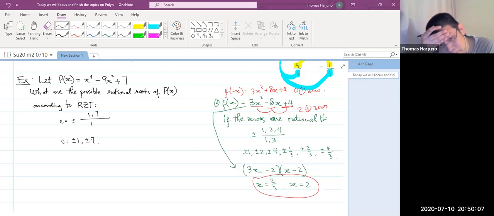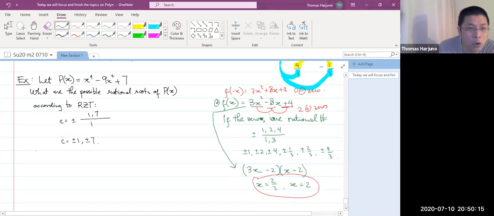Now the thing is, how do we show that P(x) has no rational root?